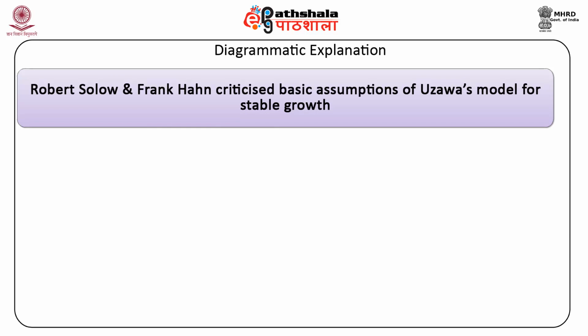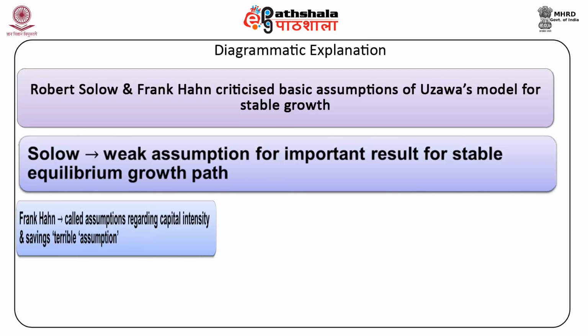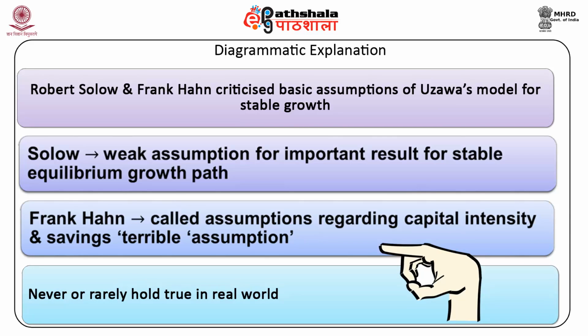Robert Solow and Frank Hahn severely criticized these basic assumptions of Uzawa's model for stable growth. Solow states that it is too weak an assumption for such an important result as a stable equilibrium growth path. Frank Hahn went further and called the assumptions regarding capital intensity and savings terrible assumptions, which probably never or rarely hold true in the real world.